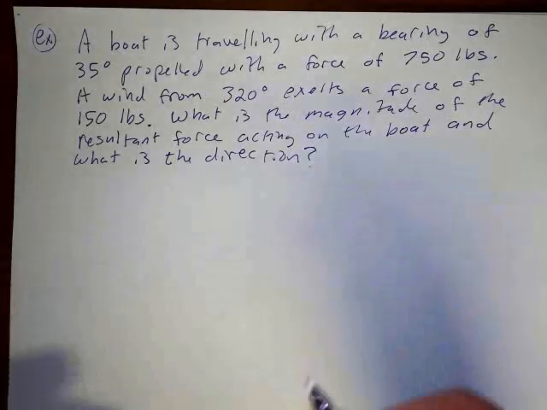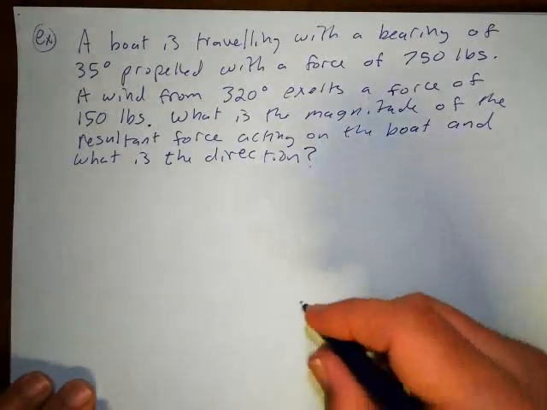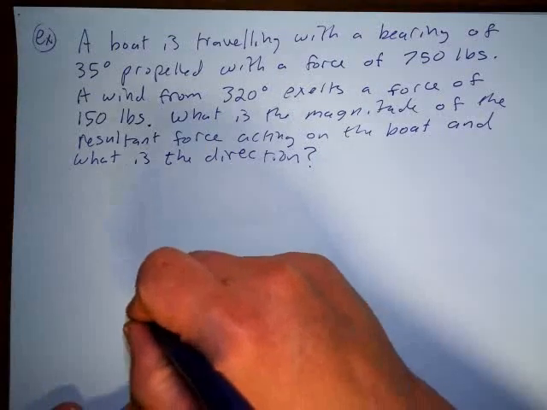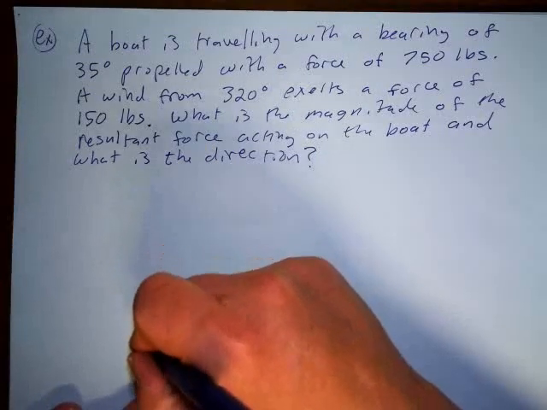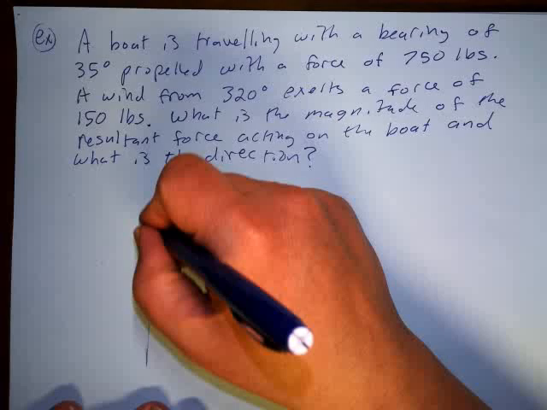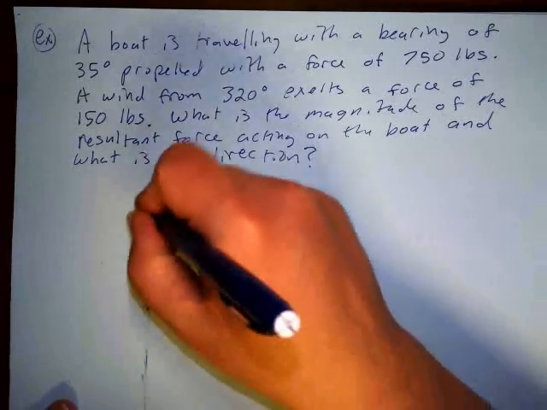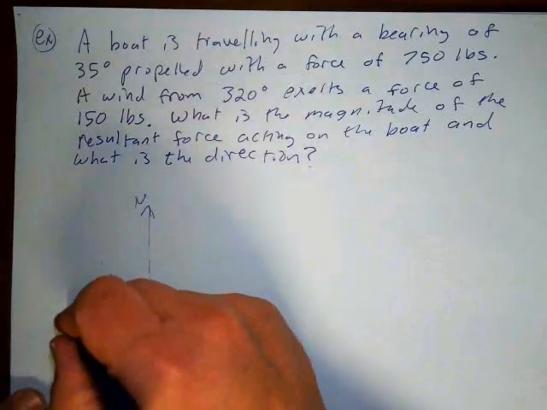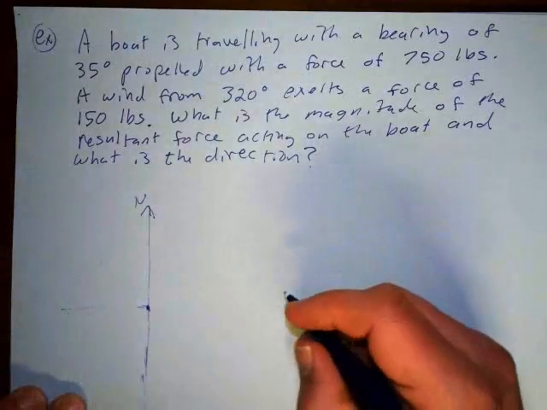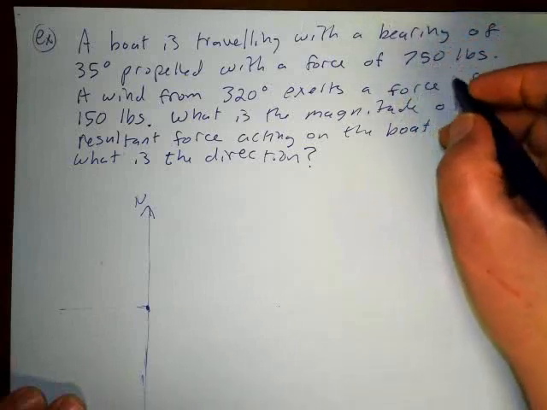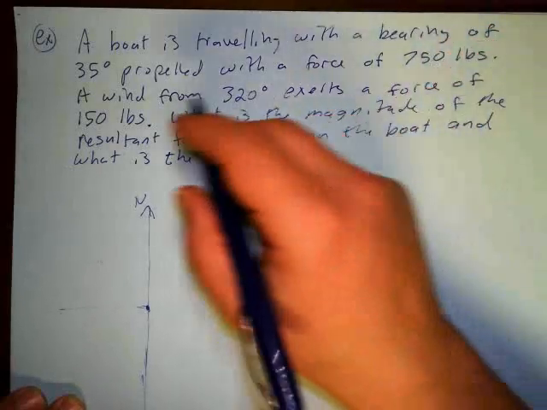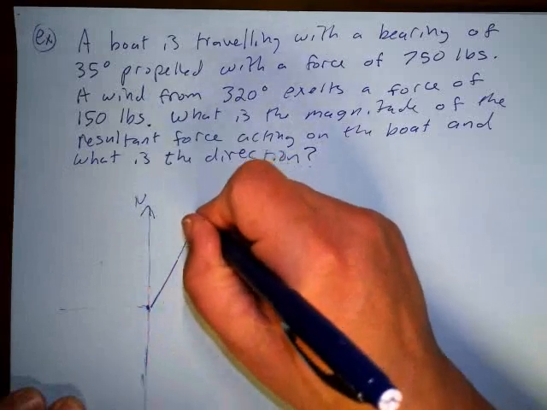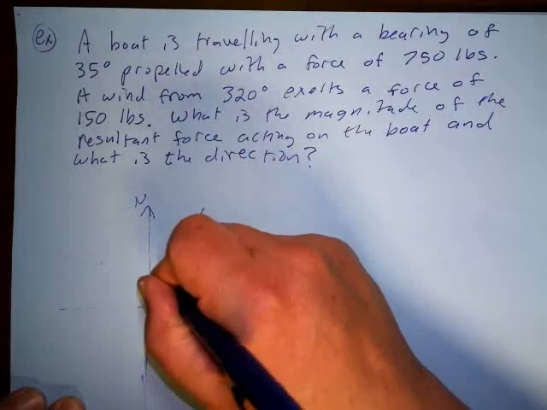Okay, so let's go ahead and give this a try. I want to try to make my diagram a little bigger here, so I don't know if this is going to give me enough room. North is like this. The boat is traveling with a bearing of 35 degrees, so something like this, where this is 35 degrees.